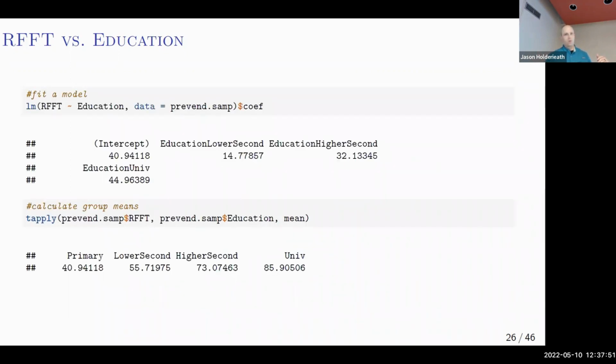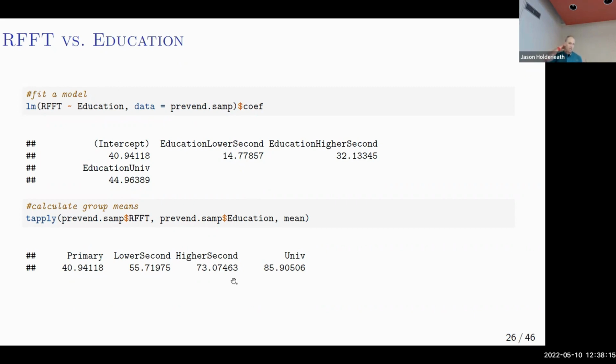Now, we can calculate our means, and we say that our group mean for primary school is 40.94. Our group mean for those with lower secondary is 55.71975. The higher secondary is 73.07, and university is 85.905.